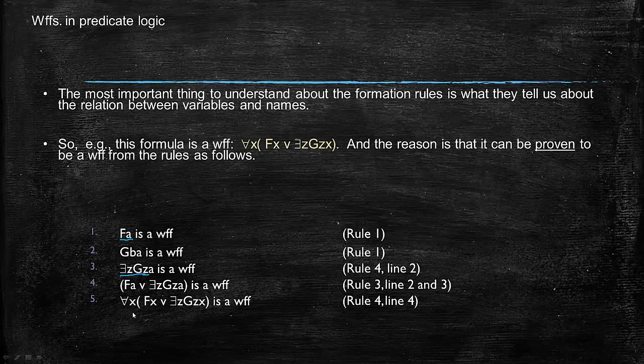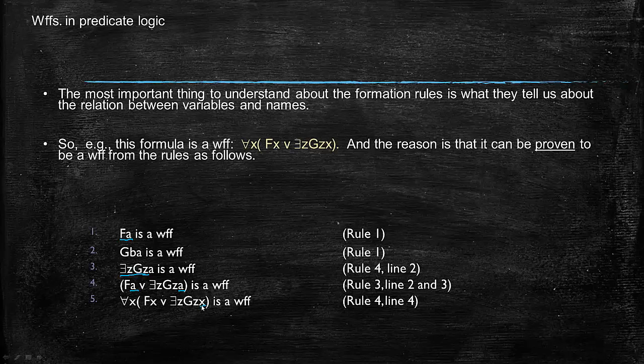And then finally, let's apply Rule 4 again to line 4. Let's pop in an x for this a, and notice this a is here as well. Now the rule doesn't say that we have to put it in for every occurrence of the constant. We don't, but we can if we want to. It permits us to.